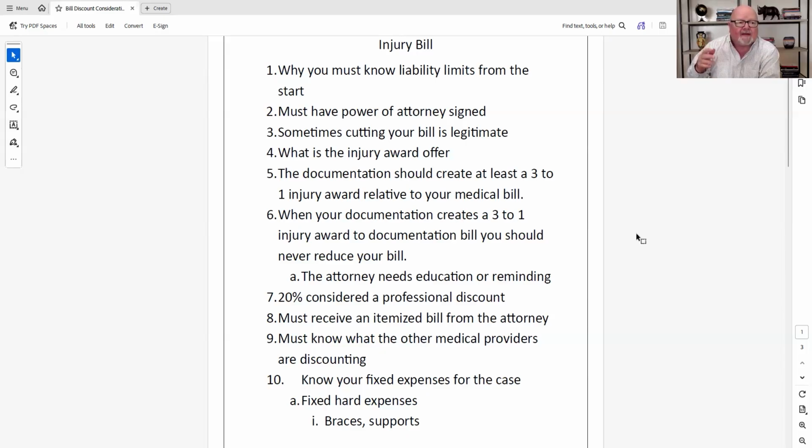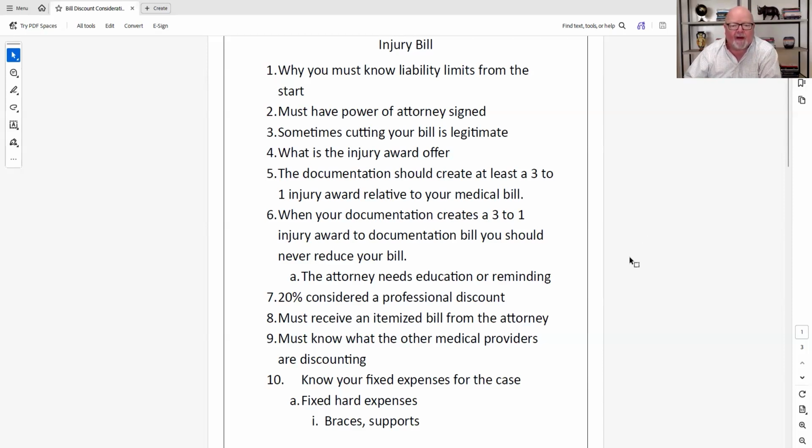I've been practicing since 1988, and 3-to-1 injury offers were way more normal back then, even though the documentation wasn't better. But the insurance companies have just gotten harder and harder and played hardball. Why? Because they could. The attorney had nothing to fight with. They had poor documentation to fight with. And so now the common thing is 2-to-1 or less. It's really uncommon to get 3-to-1, which used to be more common 30 years ago.